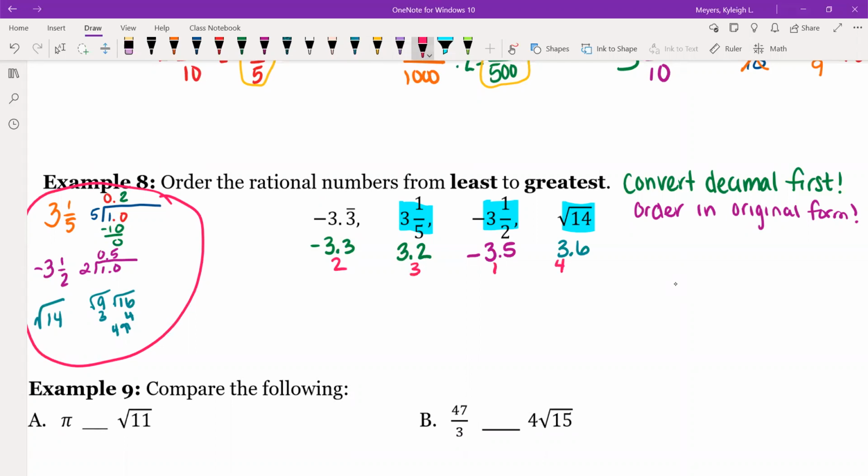But remember, we have to put it in order in our original form. So it's got to be -3.5, then -3.3 repeating, then 3 1/5, and then the square root of 14. Okay. And remember they're negative, so they go first.